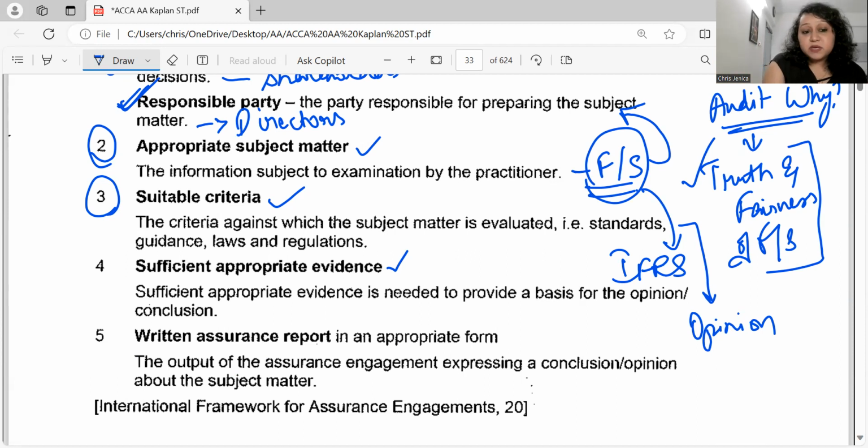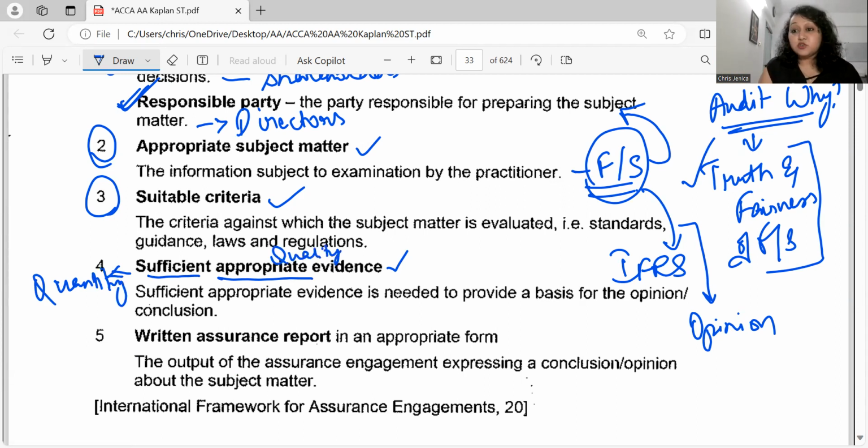So this evidence should be sufficient and appropriate. Remember, it should be sufficient and appropriate evidence. Sufficient means it's with relation to the quantity of evidence obtained, and appropriateness is with the quality of the evidence obtained. There should not be any compromise with this. We need to obtain evidence in order to provide a basis for whatever opinion or conclusion that we are going to report about the financial statements. That was the fourth element.